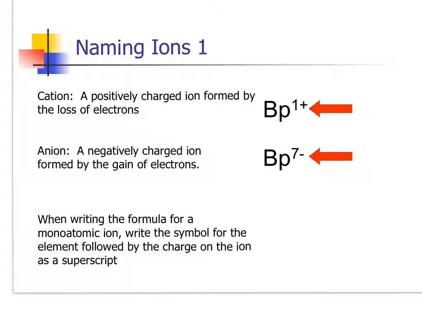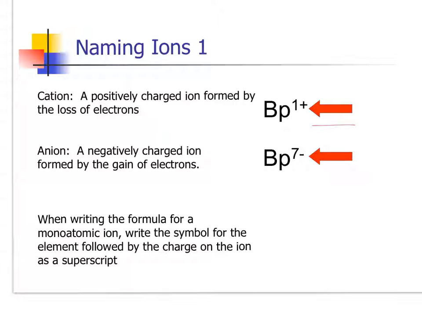So a cation has a positive charge, and that means you have lost electrons. Now electrons have a negative charge. So this element here has lost one electron because it has a positive 1 charge. That means there's one more proton than there are electrons.